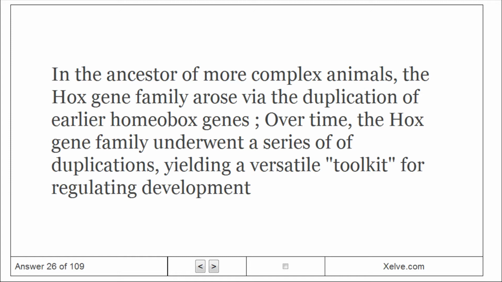In the ancestor of more complex animals, the Hox gene family arose via the duplication of earlier homeobox genes. Over time, the Hox gene family underwent a series of duplications, yielding a versatile toolkit for regulating development.